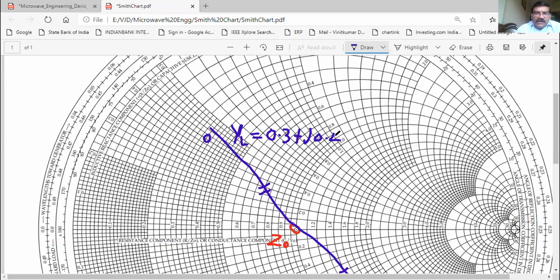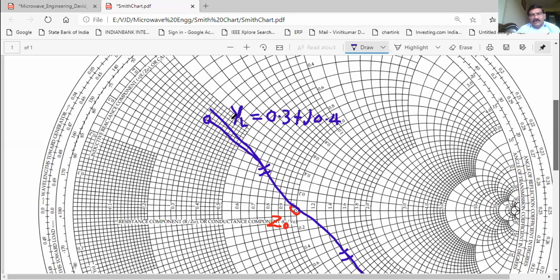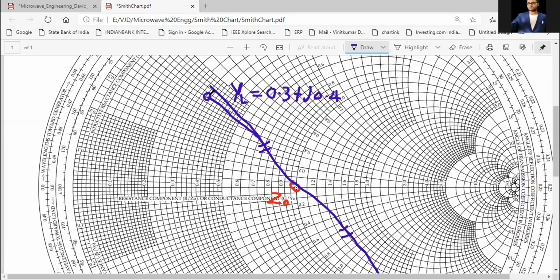This should be the value. You just connect it here, and this line should extend to this. Just do it with a proper straight line, so it will go here.